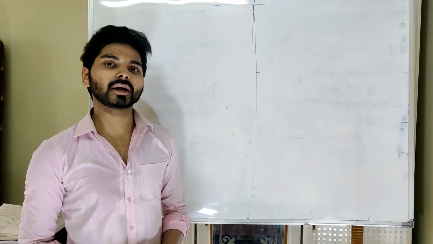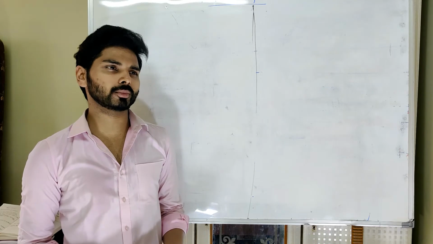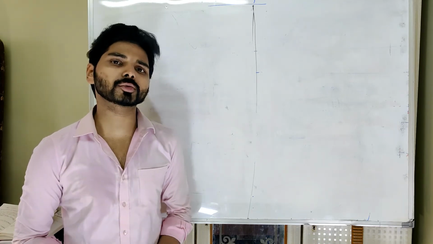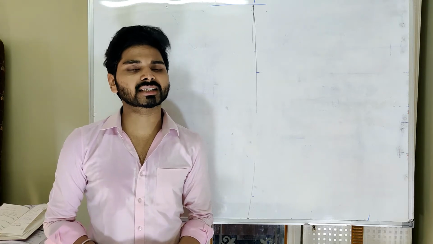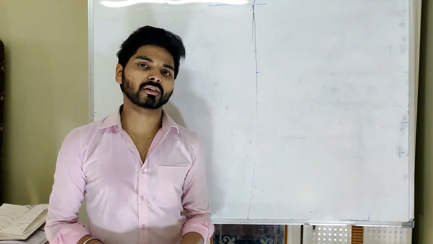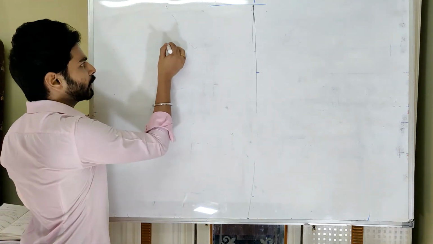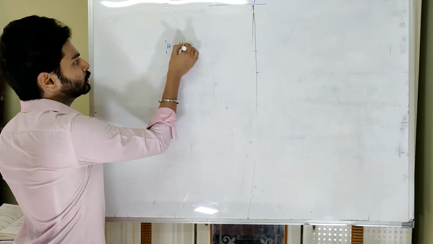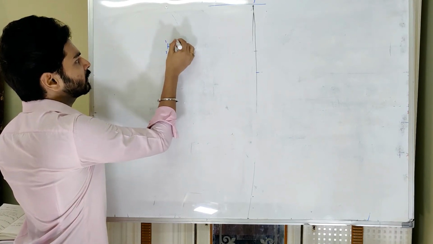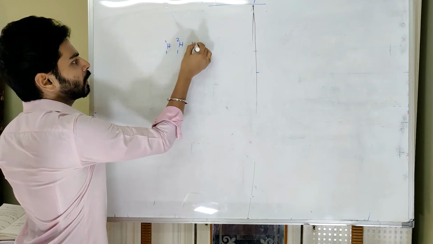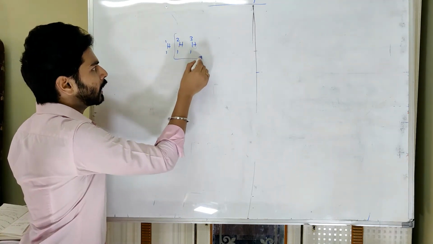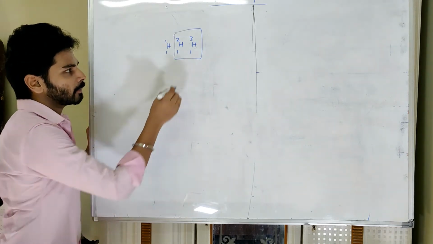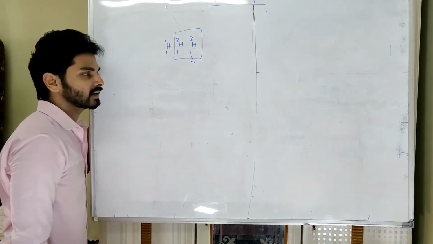If an element has a single isotope, or it has isotopes but the other isotopes have a very low abundance percentage compared to the main one, for example hydrogen, which does have isotopes like this, but their abundance in nature is very, very less.